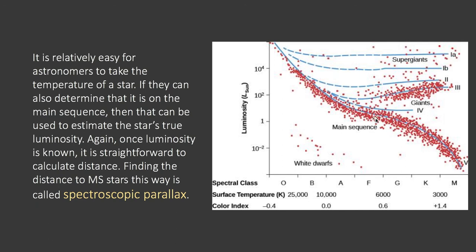The only catch is we also have to know that it's on the main sequence, and that's not always so easy to recognize. Stars can be challenging to locate exactly on this diagram.